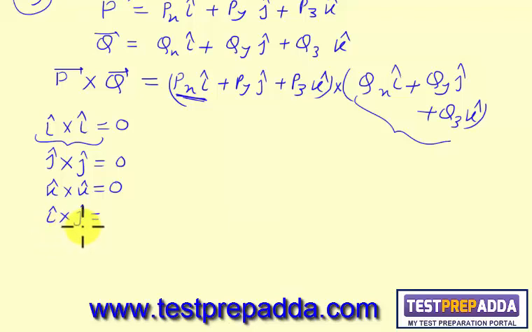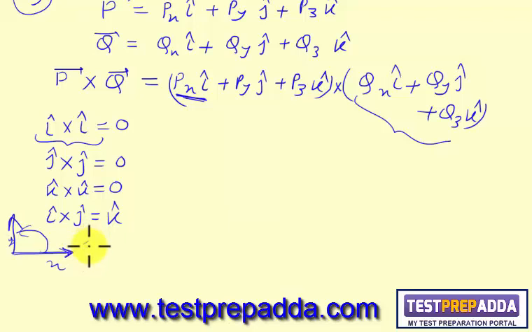I cross J. If you put your right palm, stretched palm and fingers along the x-axis and close your fingers, the fingers will move towards y, the thumb will be in this z direction, means k cap will be the direction. So the cross product of I cap and j cap will give you k cap.